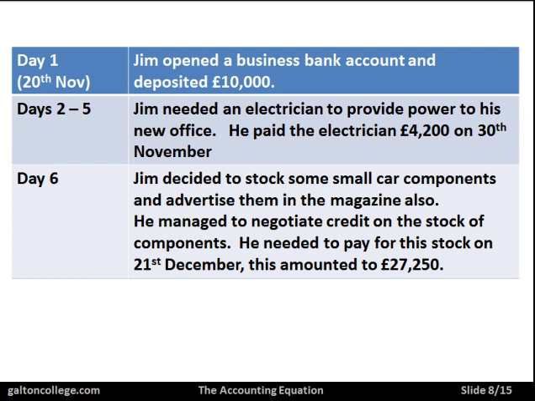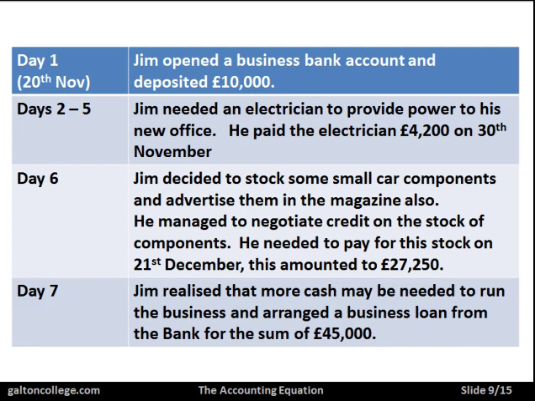He doesn't have to pay it until the 21st of December. Later on the 7th day, Jim realized that more cash may be needed to run the business. So he arranged a business loan from the bank for the sum of £45,000.